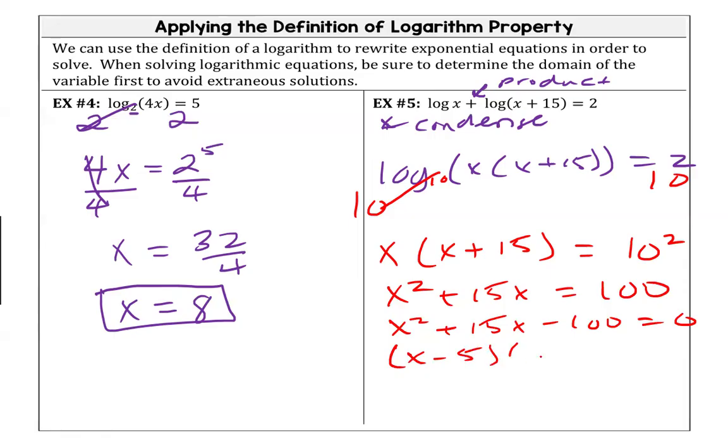A negative 5 and a positive 20. Negative 5 plus 20 is 15. Negative 5 times 20 is negative 100. So therefore, my solutions would be x equals what? x equals 5 and x equals negative 20.